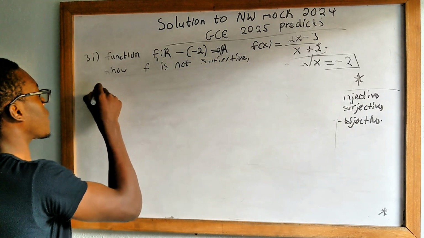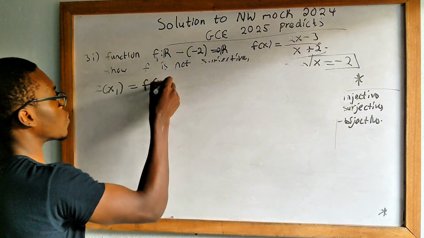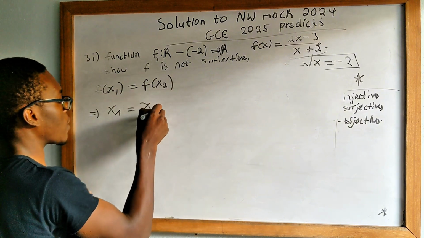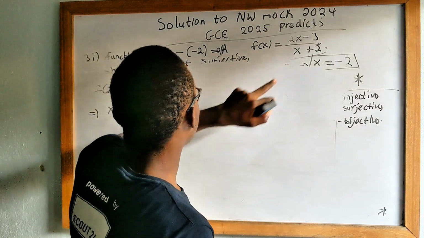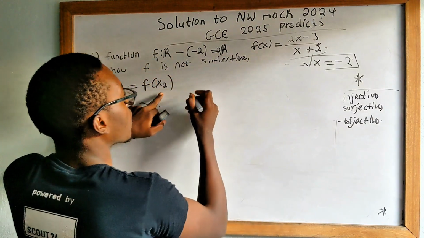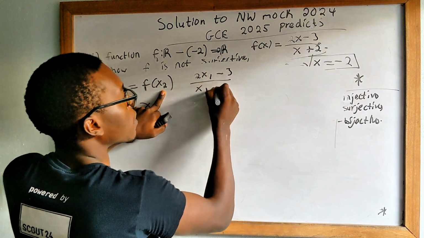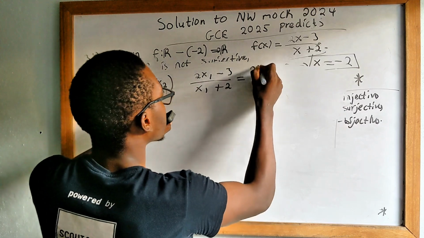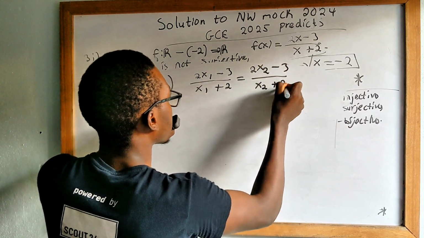For a function to be injective, we do that f of x1 equals f of x2, which implies x1 is equal to x2. Hence, you want to take this function to prove that it is injective. So we have f of x1, that will be 2x1 minus 3 all over x1 plus 2 is equal to 2x2 minus 3 all over x2 plus 2.